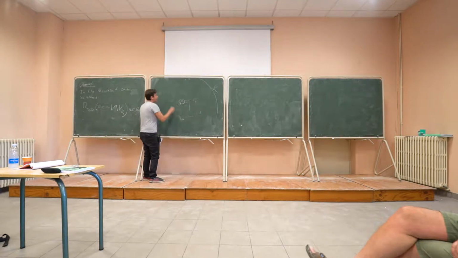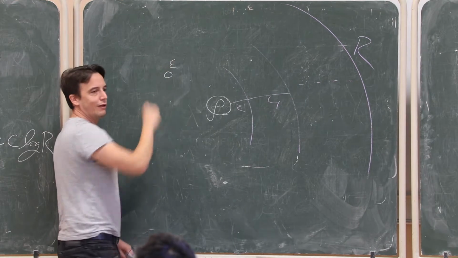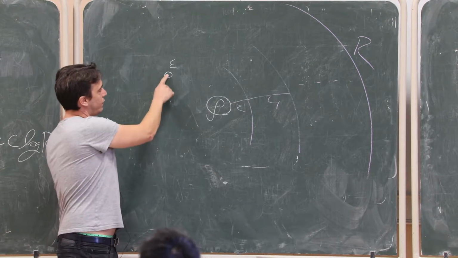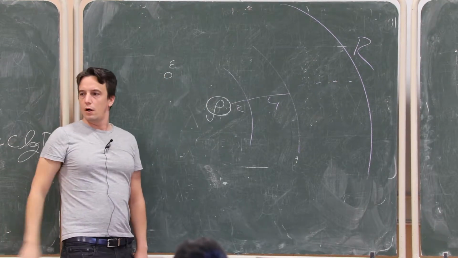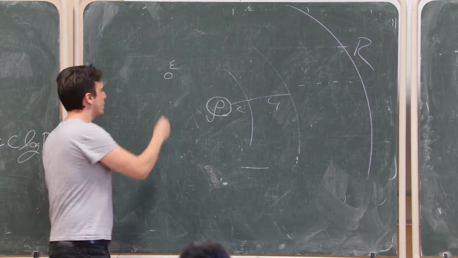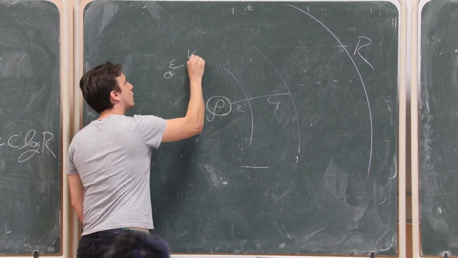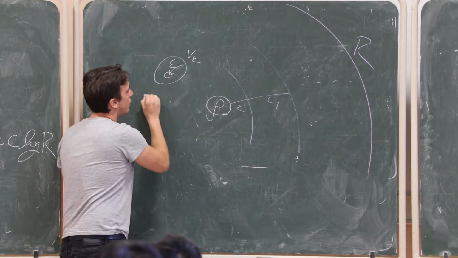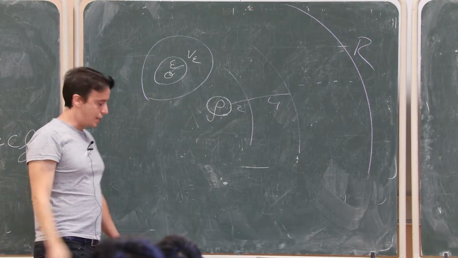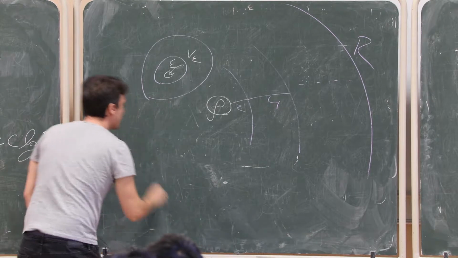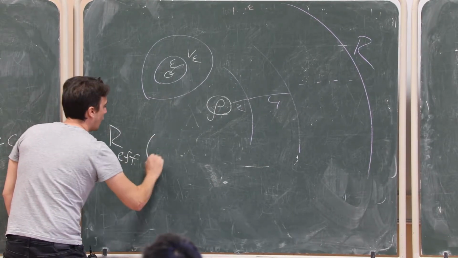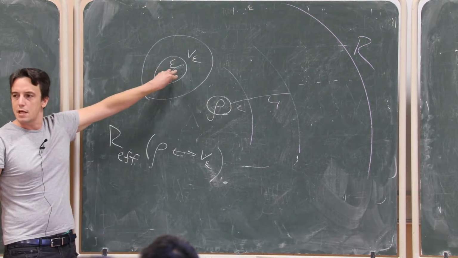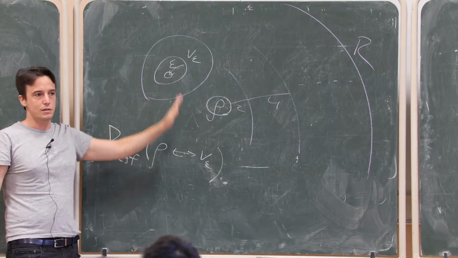For instance, if you have a teeny weeny circle here of radius epsilon, at constant distance from the origin, and you want to find the resistance between these two vertices, let's call this one v epsilon, then the same kind of argument, just by putting annuli here, shows you that the resistance between rho and v epsilon, under the condition that this circle is of size epsilon and that the distance is at least a constant, is large.